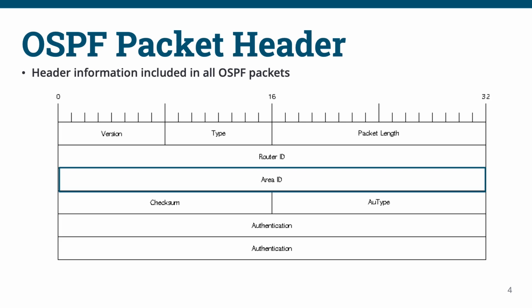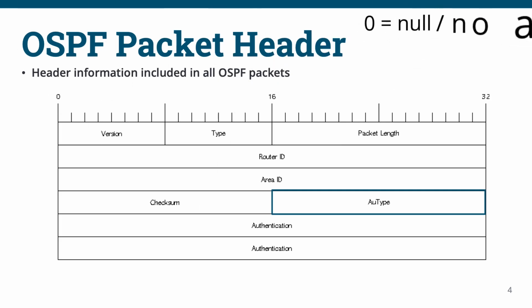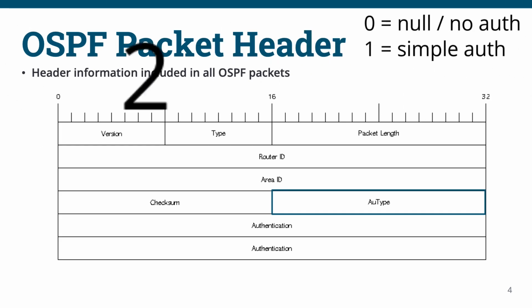The following 32 bits contain the checksum field for error checking and the AU type field, or authentication type. Only 3 values for the authentication type are defined, with the remaining values reserved. The 3 values are 0, which is null or no authentication, 1, which is simple password authentication, and 2, which is cryptographic authentication.